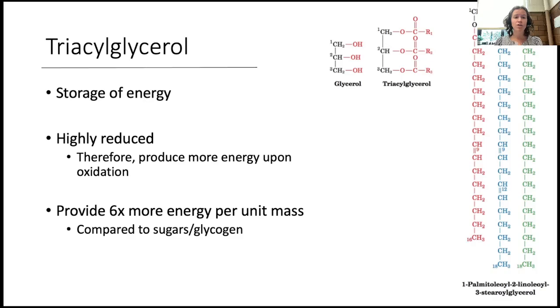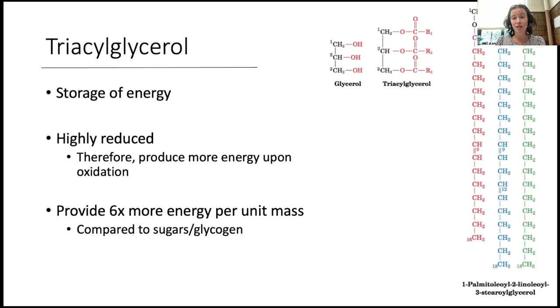As mentioned, triacylglycerol is super common in our bodies because it is how we store our energy in fat cells. It is highly reduced, right? If you take a look at this long carbon chain, we're not seeing many oxygens, we're seeing a lot of hydrogens, so it's very highly reduced.